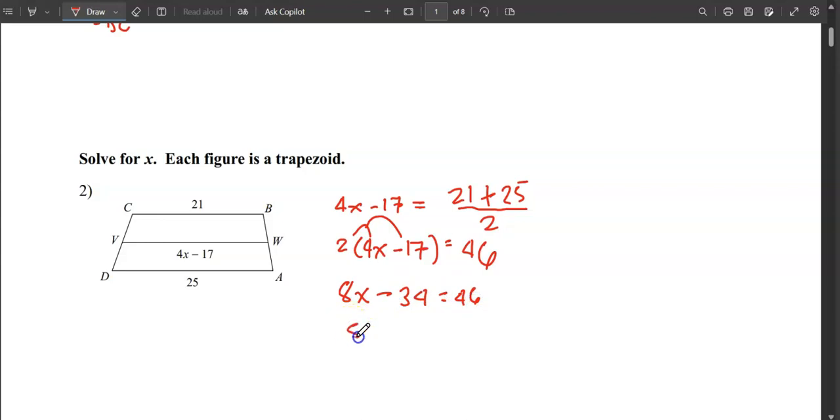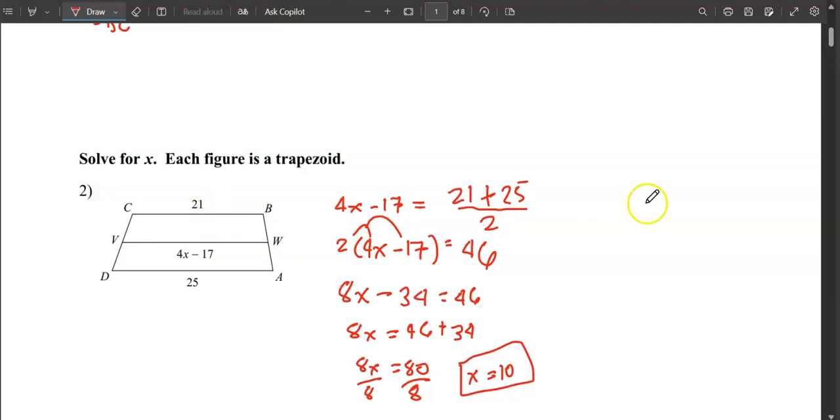And then solve for x. 8x equals 46 plus 34, this is 80. So we have 8x equals 80. Divide everything by 8. x now will be 10. So our answer is 10.